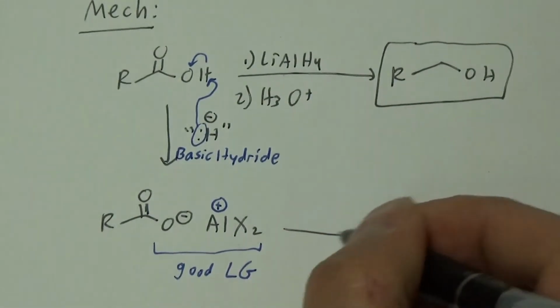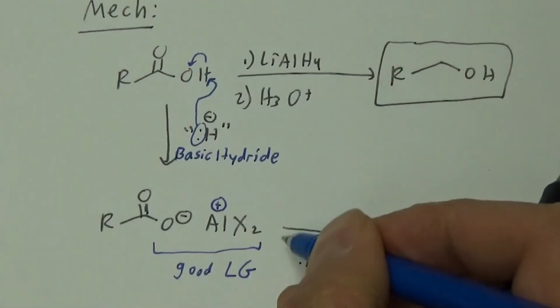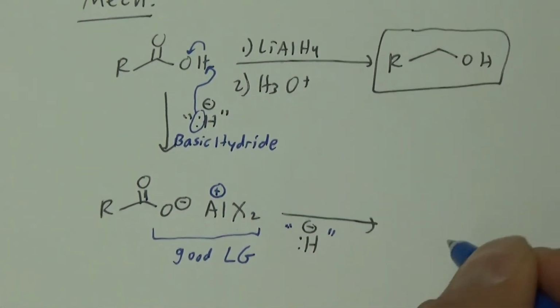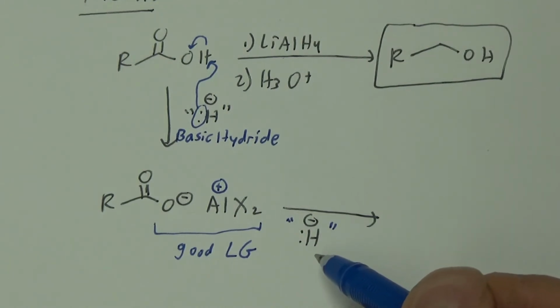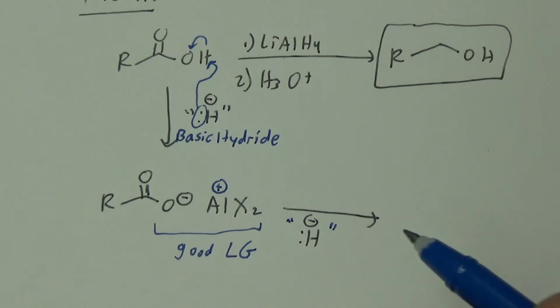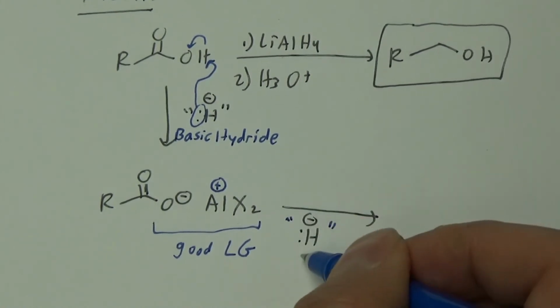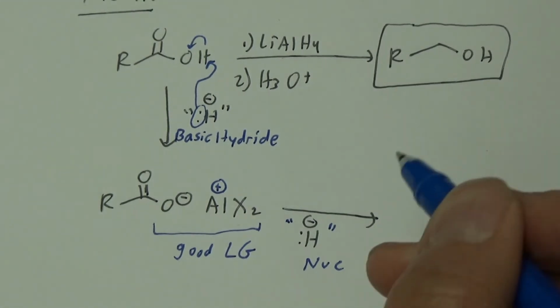Now we're going to react with more H minus, and I put it in quotes because it's not exactly free hydride like this. It's still kind of attached to the aluminum, but for the mechanism it's easier if we just say it's free H minus. But anyway, now it's going to be a nucleophile. So I'm going to write nuke.